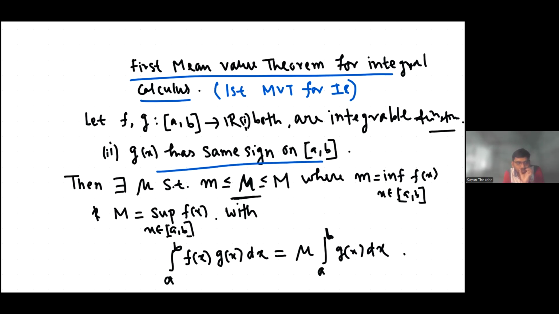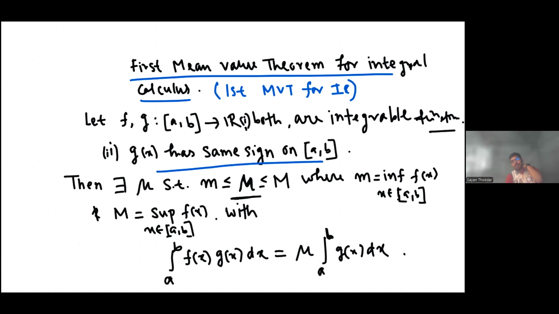Okay. Small m is less than or equal to capital M, where small m is the infimum of the function and capital M is the supremum of the function. Then we can tell about that integrability.